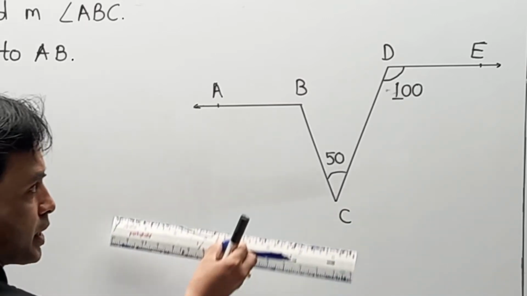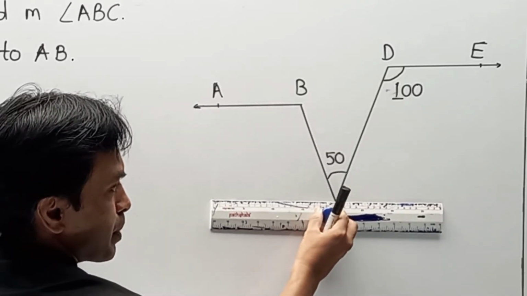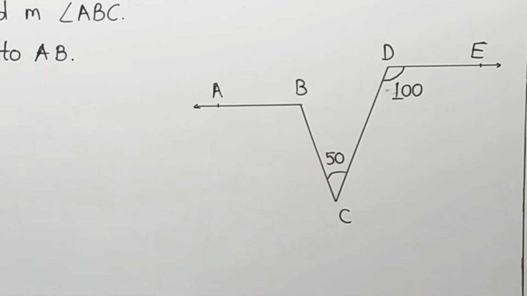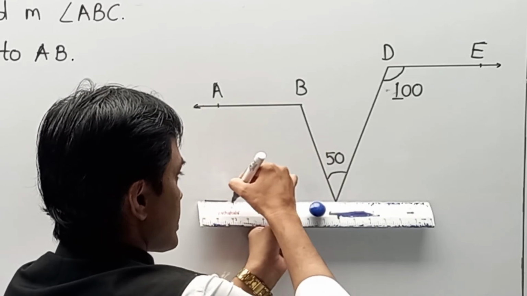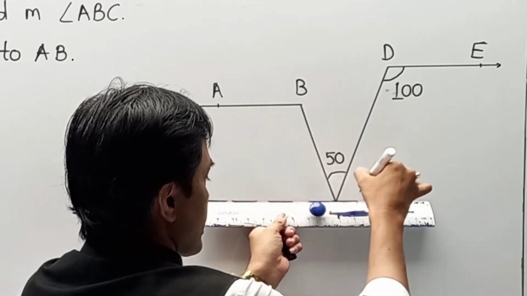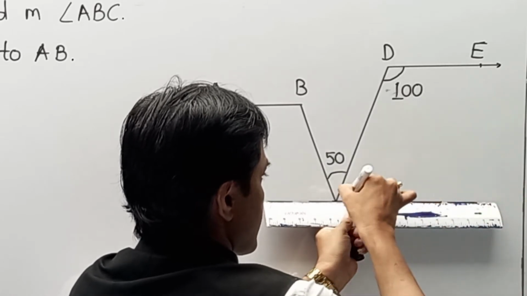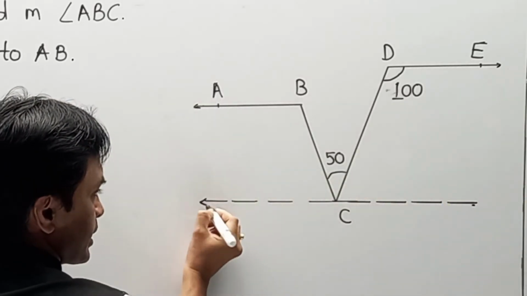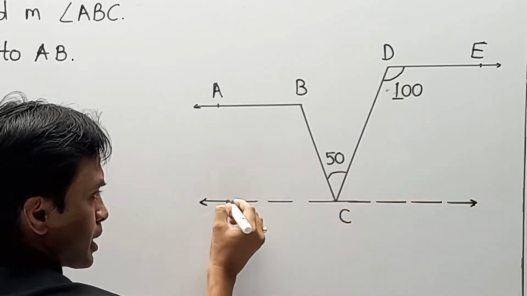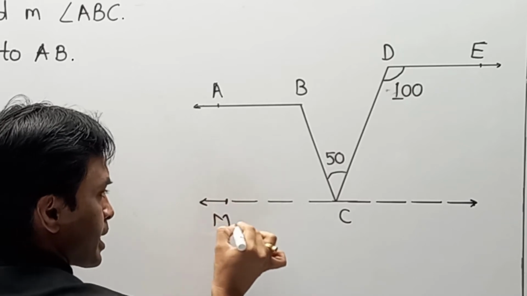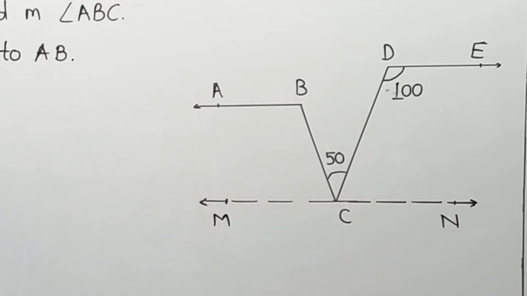Means they have given a hint that we have to draw a line parallel to AB, but that line must be passing through C. Means we have to draw one line over here parallel to AB and passing through C. And this is the line that they are expecting. Just to highlight that part which passes through C, I am going to indicate 2 points. One is M over here and second is N over here. And this is the hint given by them.